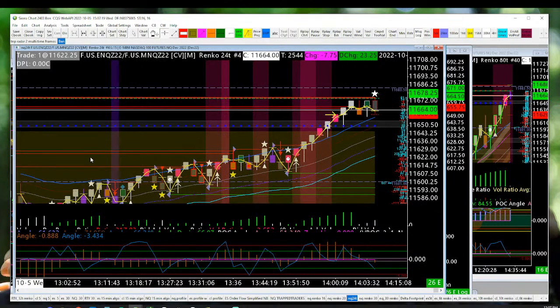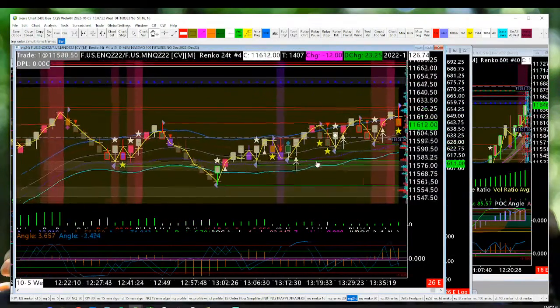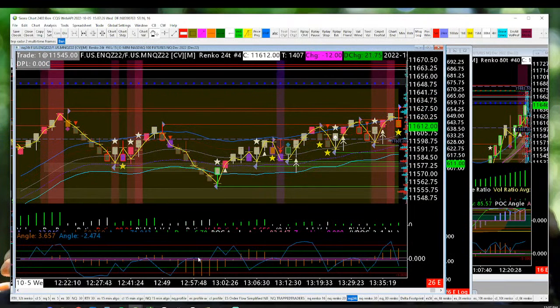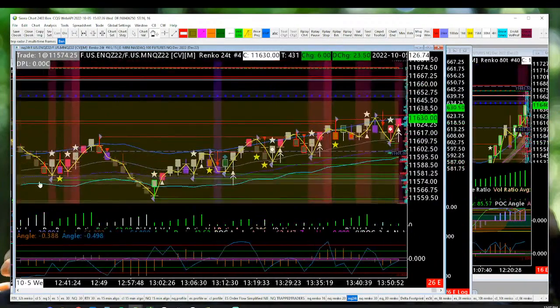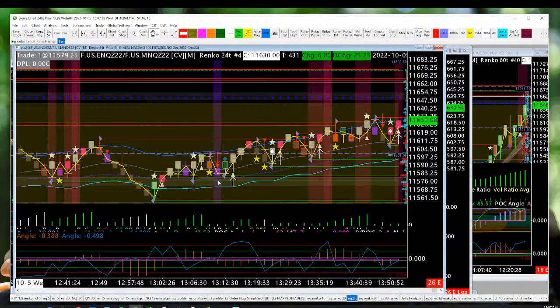So I had mentioned that back here, it was unclear who was in control. You can see that sellers tried to push it down. They got a little bit oversold. Buyers responded, which makes sense considering what's been happening all day. They negotiated this area.